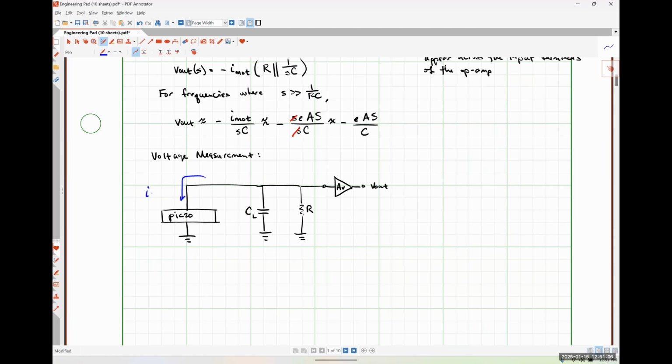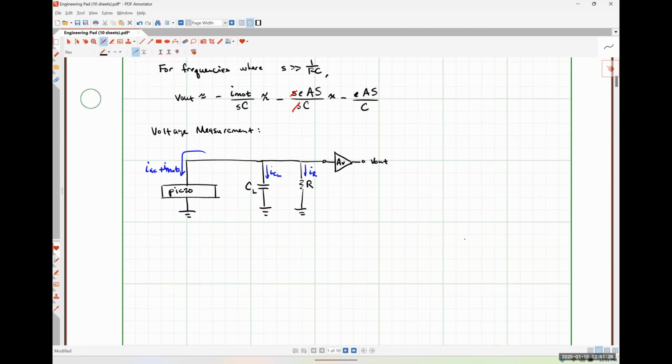But we have our AC current plus our motional current generated by our piezo element. Again, I'm just drawing them directed down. You'll see why in a moment. I've got my current flowing through my capacitor, and I've got my current flowing through my resistor. And so Kirchhoff's current law tells me that these currents added together need to come out to zero. So I would have I_AC plus I motional plus I_CL plus I_R is equal to zero.